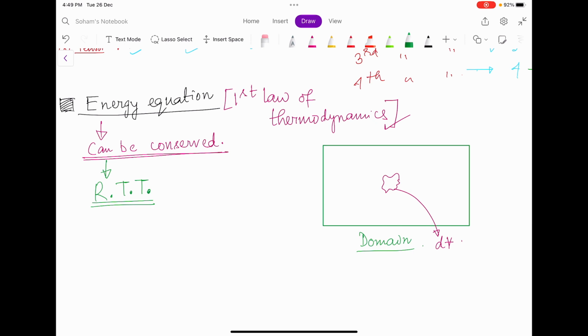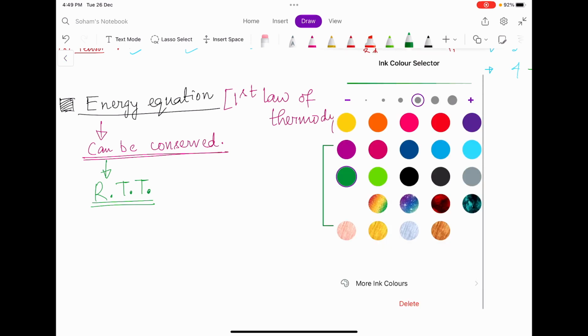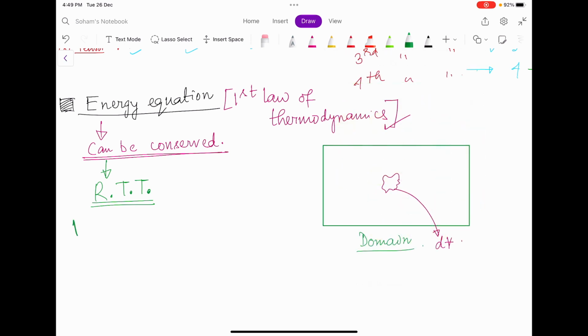So now let us apply RTT on n equal to E. So what is E?